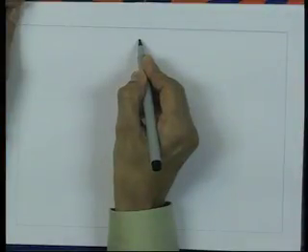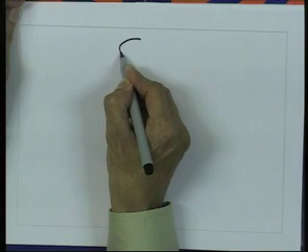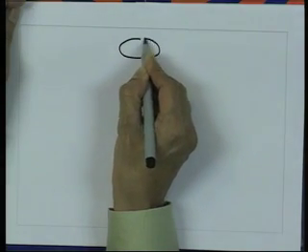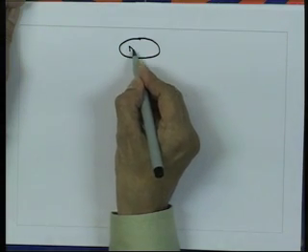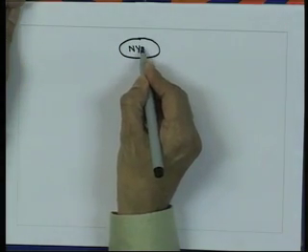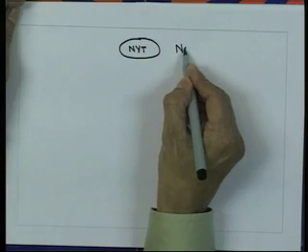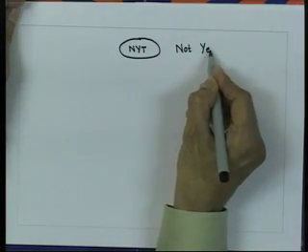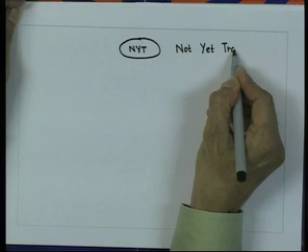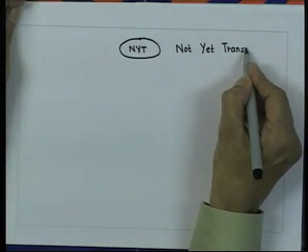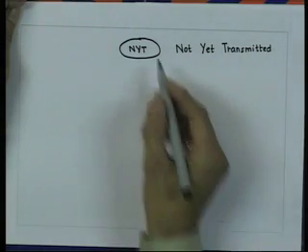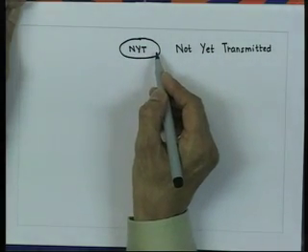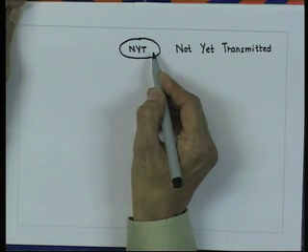So, to start with, both at the transmitter and receiver we have a single node, and that node is called NYT, which means not yet transmitted, and the weight of this node is 0.